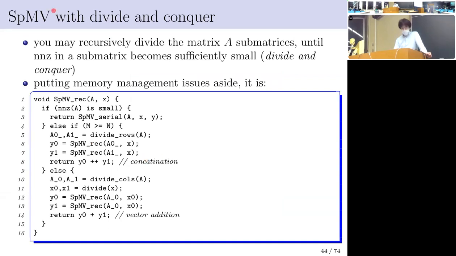Back to the sparse matrix vector multiplication example. Even though the original formulation is just a single loop or doubly nested loop, depending on whether you're talking about coordinate list format or CSR format, you can consider dividing the work of sparse matrix vector multiplication in exactly the same way as I have just demonstrated with this 2D example.